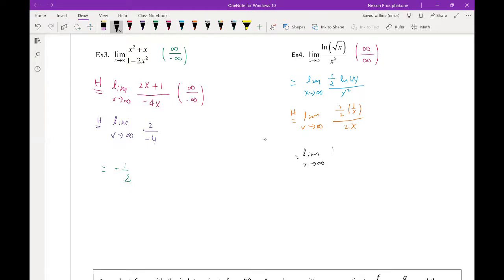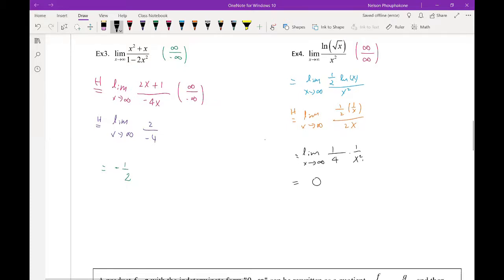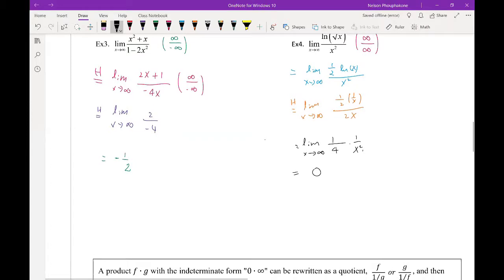So I will have 1 over 4 multiplied by 1 over x squared. Now when we apply the infinity here, when x approaches infinity, this becomes 0. So my answer will be 0 then, right? Yeah, so this is actually the idea about the L'Hopital rule.